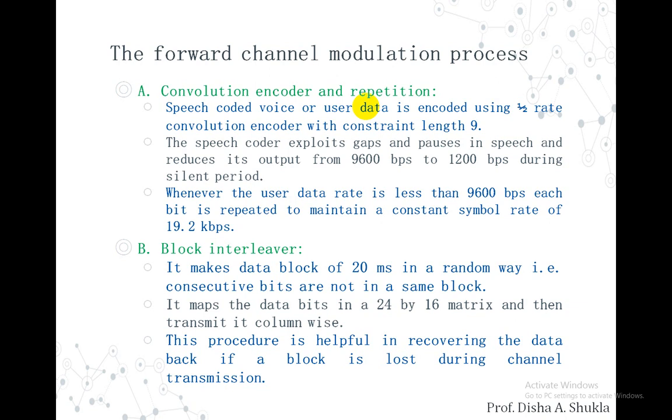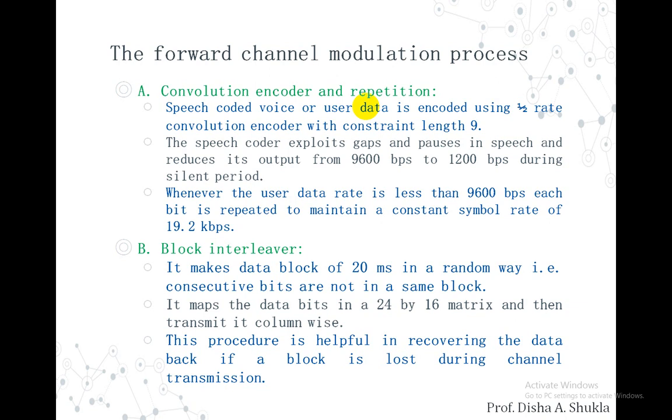That is, the speech coded voice or the user data is encoded using the half rate convolution encoder, and the constraint length used will be 9. The speech coder will exploit the gaps and the pauses in the speech.